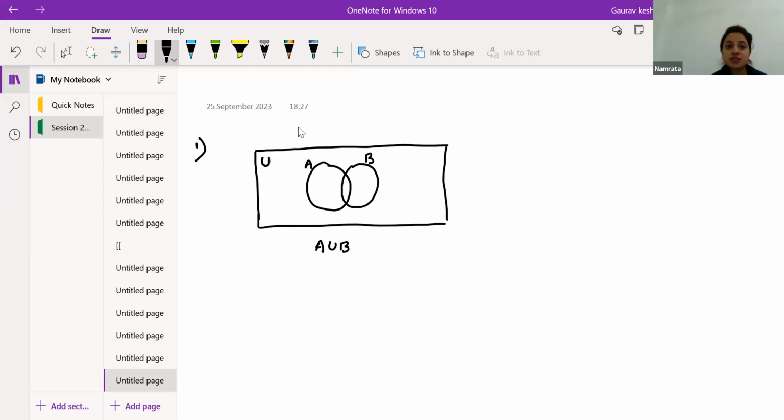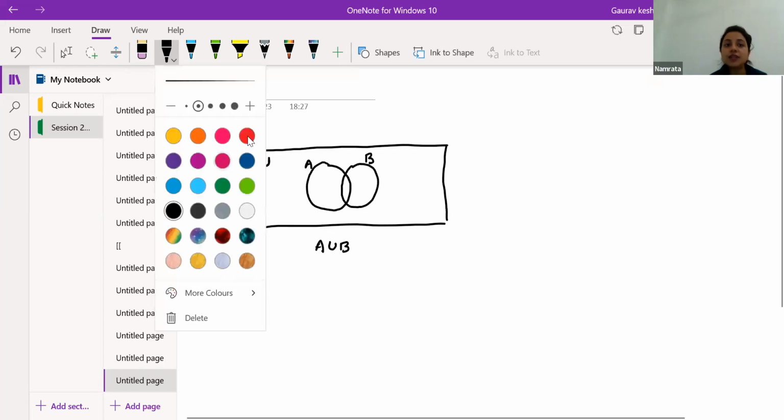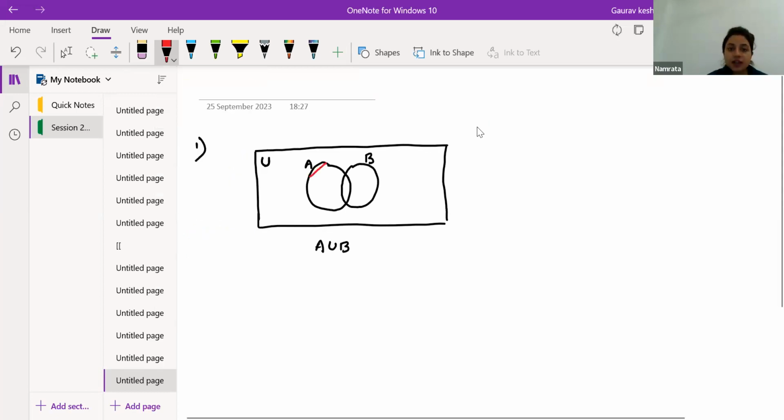So if we have to shade the portion of A union B, then definitely we will shade like this. Whatever elements are there in set A, that will be in A union B, and whatever is there in B, that also will be there in A union B. And this is the Venn diagram of A union B.